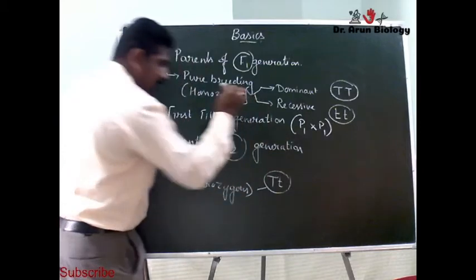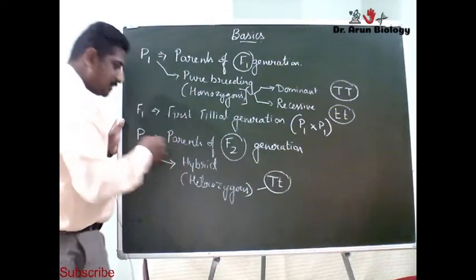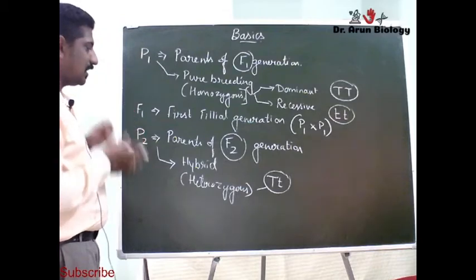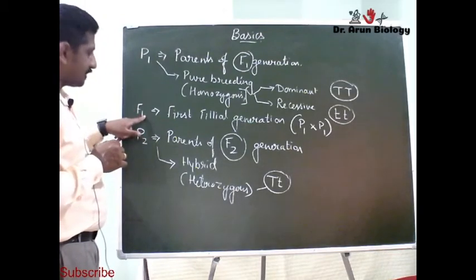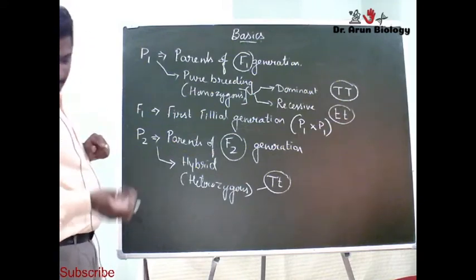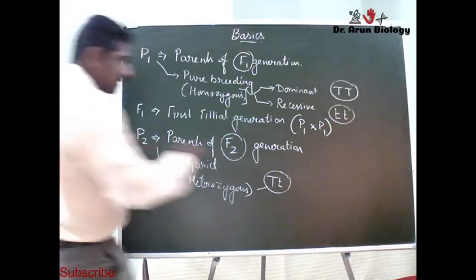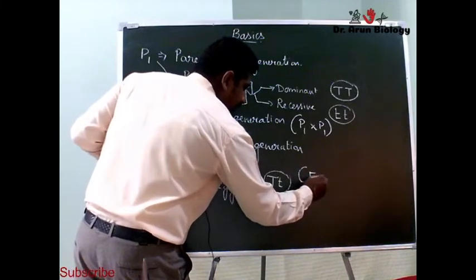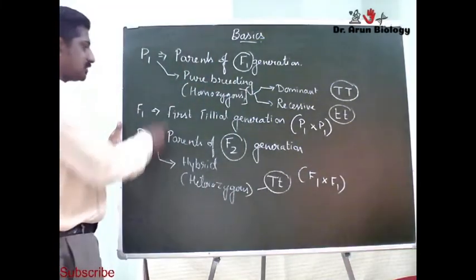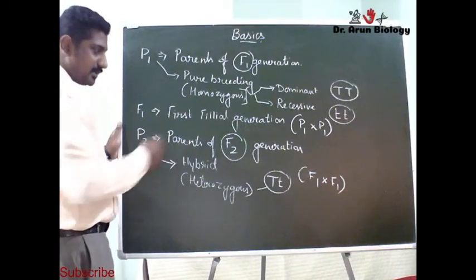This is heterozygous. How are these parents obtained? The F1 itself is the parent of the F2 generation, that is P2. F1 into F1, because F1 progeny is always heterozygous.